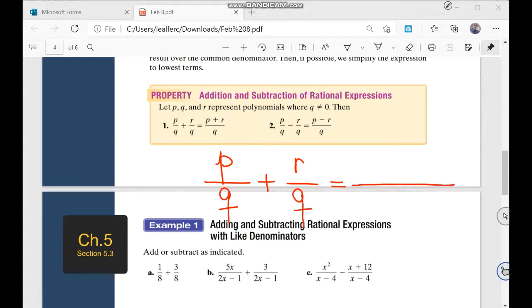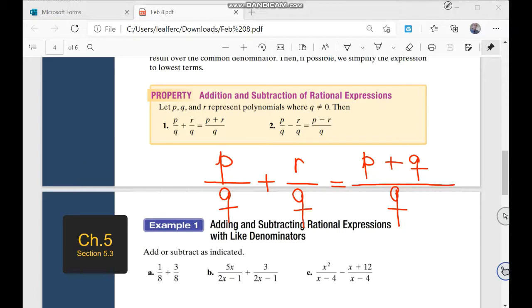So you keep the denominator, q, and you add the numerators, p plus r. That is how you work addition and subtraction of rational expressions with like denominators. Add the numerators and keep the denominator.